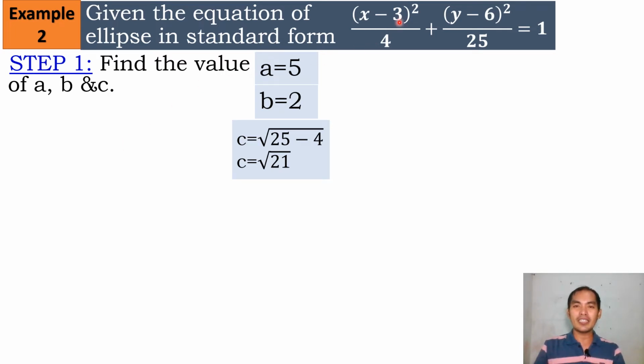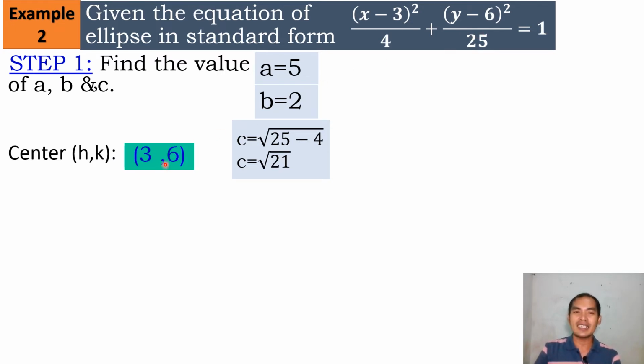Then, write the center. Our center is the opposite of negative 3 and negative 6. So we have 3, 6. Now, to get the vertices, our reference is the center. Whatever the bigger number in the equation, kung ano yung corresponding variable sa itaas, yun ang kukopyahin na value ng center. So this is y.